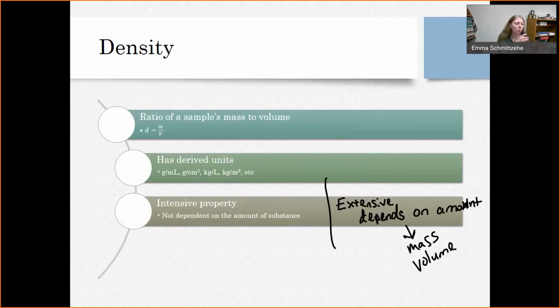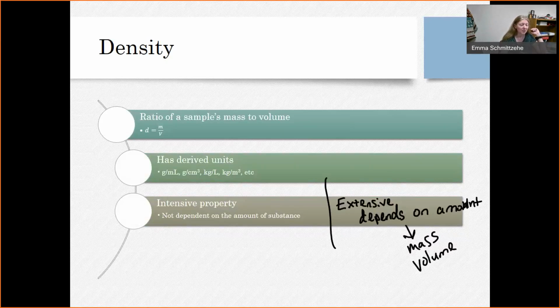But if you just take a small portion of that and weigh the mass, it's going to have a smaller mass because it's only part of it. Okay. Same with the volume. The volume of the big sample is large. If you just take a small amount of that, it's going to have a smaller volume. Okay. So mass and volume are things that are extensive. They depend on how much you have, whereas density is intensive.